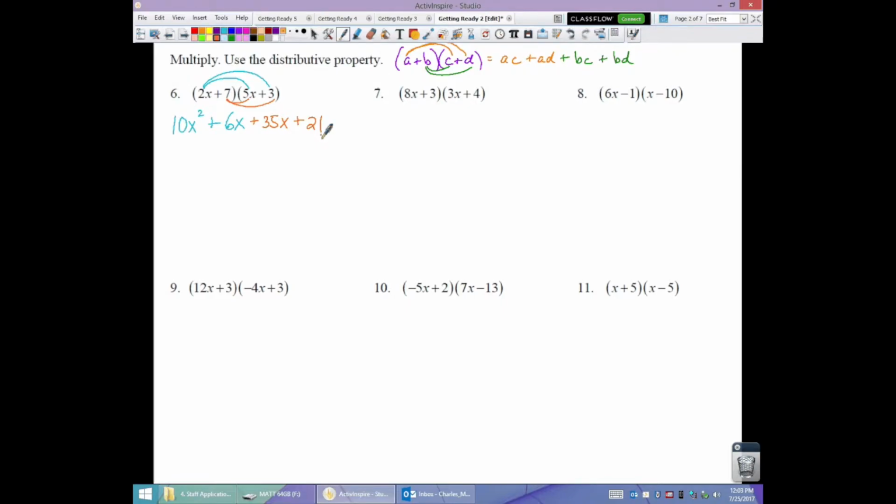Now we do have to take that next step and say, do we have any like terms? And yes, right here in the middle, 6x and 35x makes positive 41x. The other terms that you didn't add to or with anything else are just brought down as part of your simplified expression. Okay, so this is where you need to be when you're done.